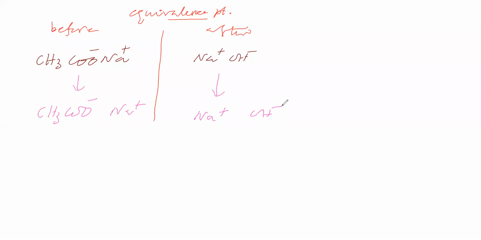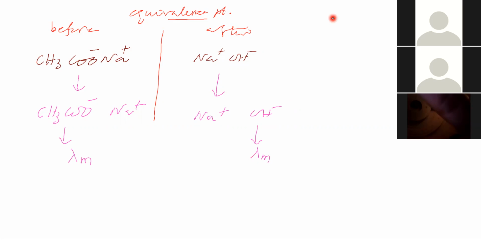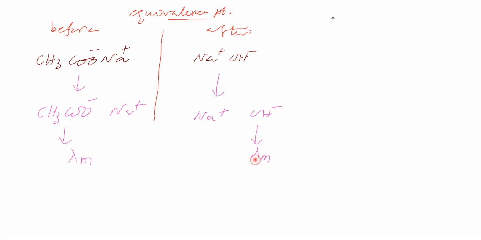Now let us see lambda m. Here the acetate ion is there, and this lambda m we will see. Both lambda m values we will compare: the acetate ion's lambda m and the OH minus ion's lambda m. Now think that the acetate ion's ionic mass will be more and the OH minus ionic mass will be less.